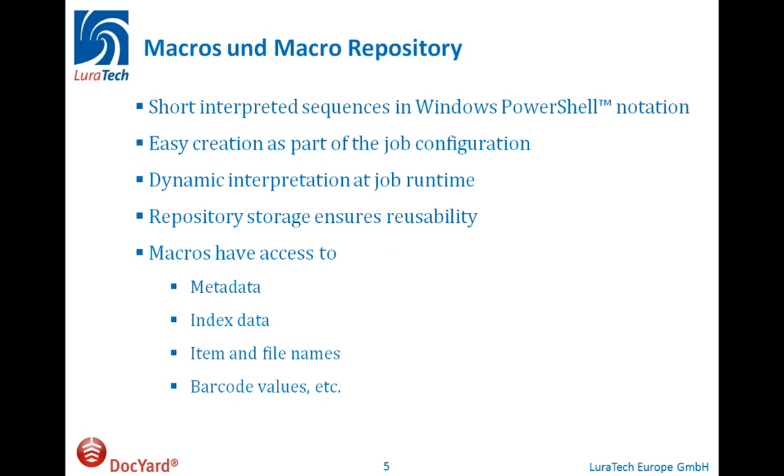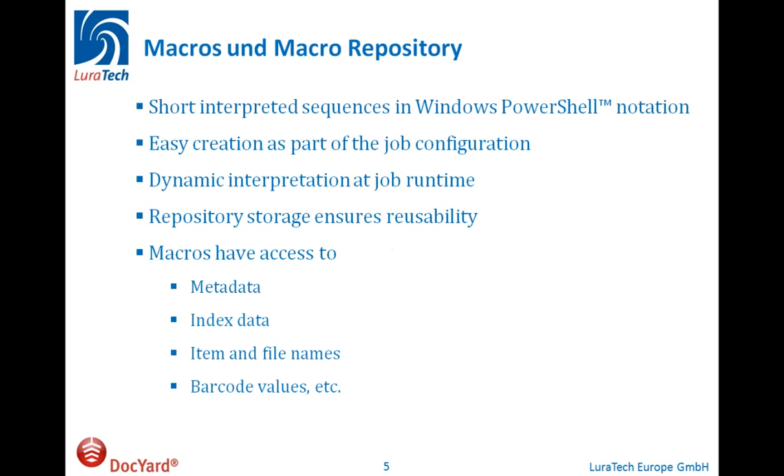So during the job configuration, you can easily create such a macro, or you can reuse it because you have done similar things in the past, and you can load it from the repository and use it again.